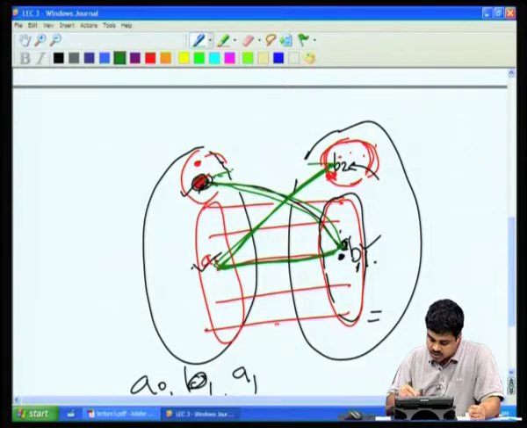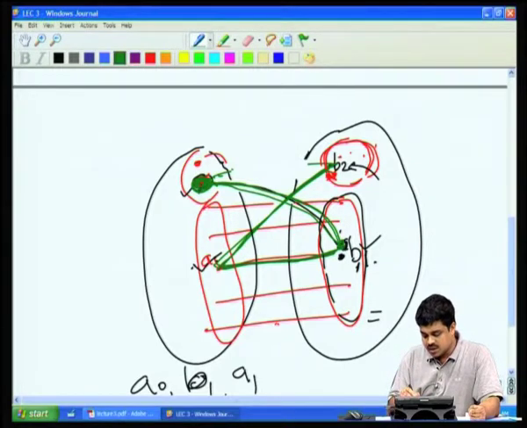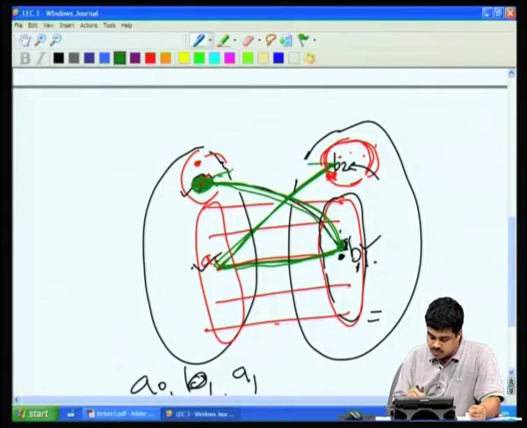Why is it an augmenting path? It starts from an unmatched vertex on the A side, follows an unmatched edge and reaches a matched vertex on the B side, then travels via a matching edge, then travels by an unmatched edge and reaches an unmatched vertex on the B side.